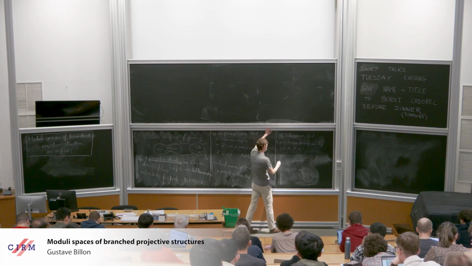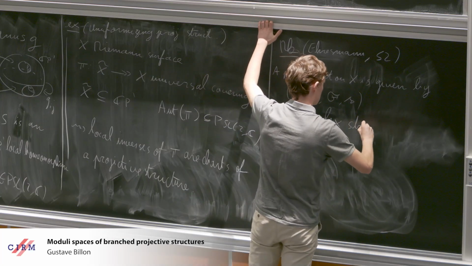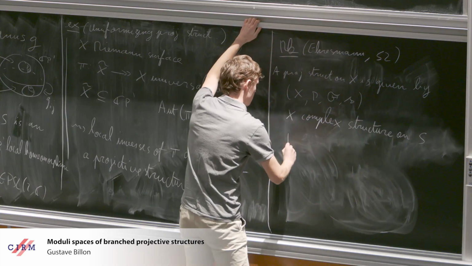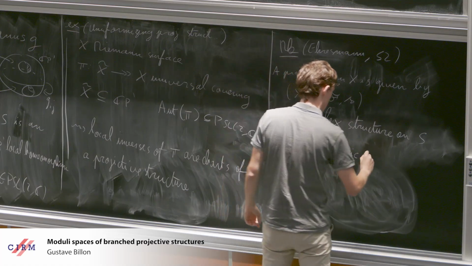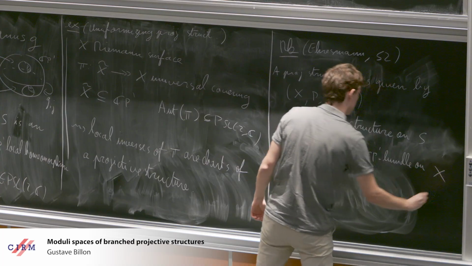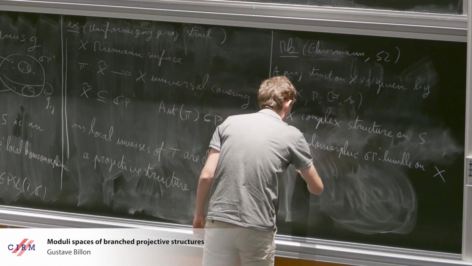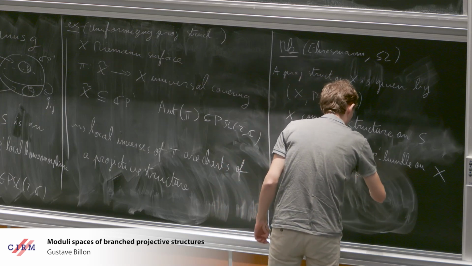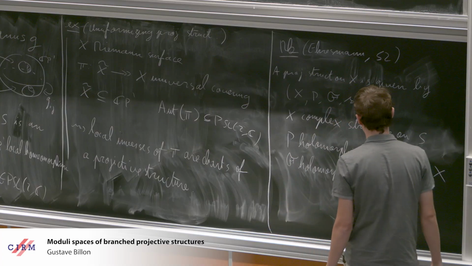So X is a complex structure on S. P is a holomorphic CP1 bundle on X. F is a connection on P, so a holomorphic foliation on P that is transverse to the fibers.